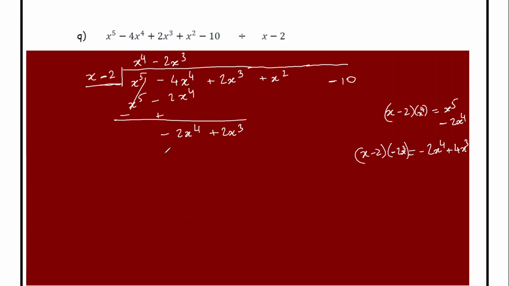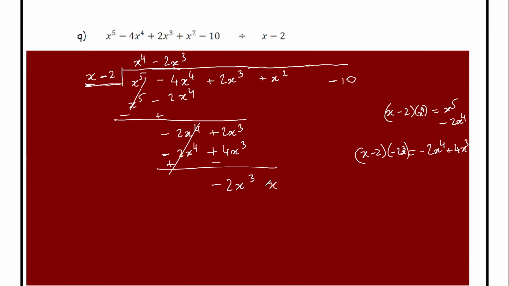So this x gets multiplied with this whole thing, negative. That gives you minus 2x to the power 4. And this negative 2 gets multiplied with this negative 2x cubed. So it gives you plus 4x cubed. Change the sign. This cancels. And you got negative 2x cubed.